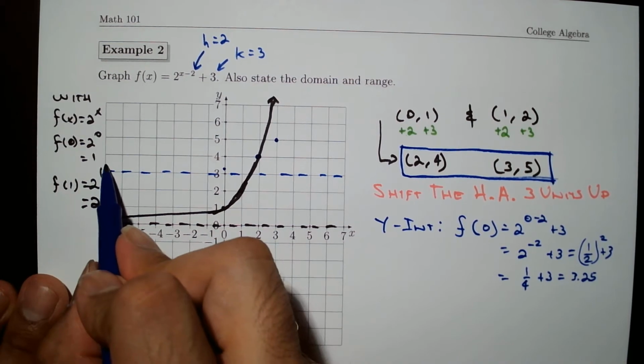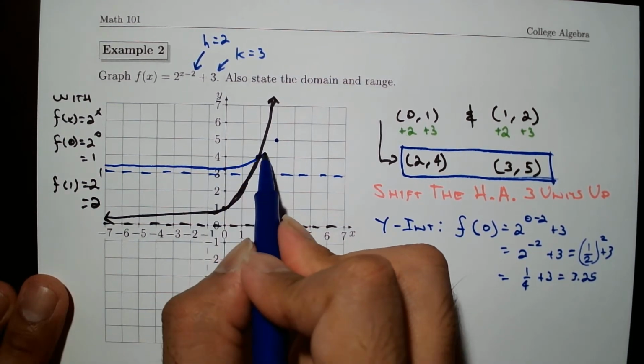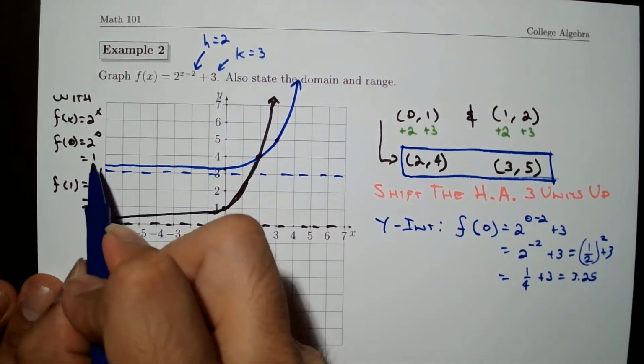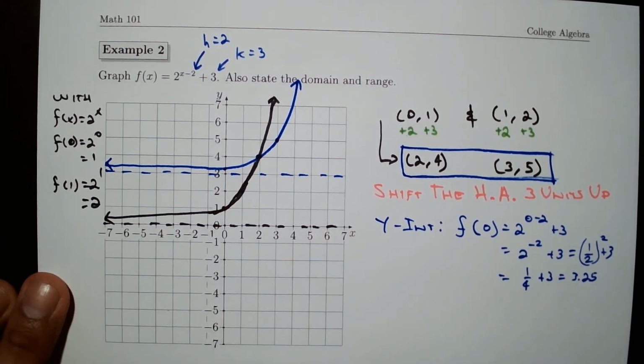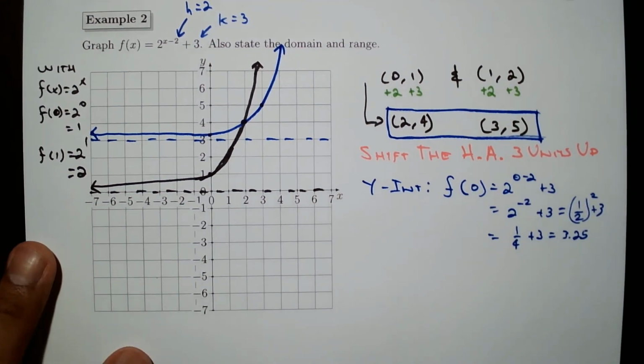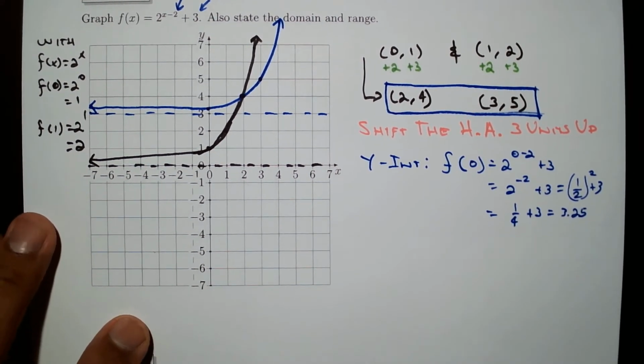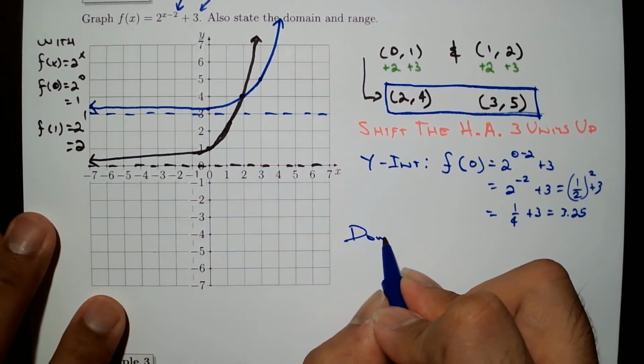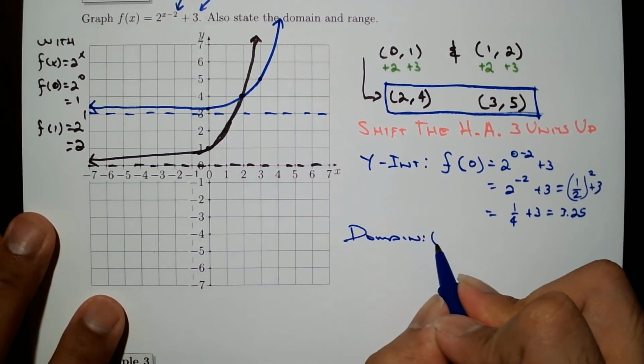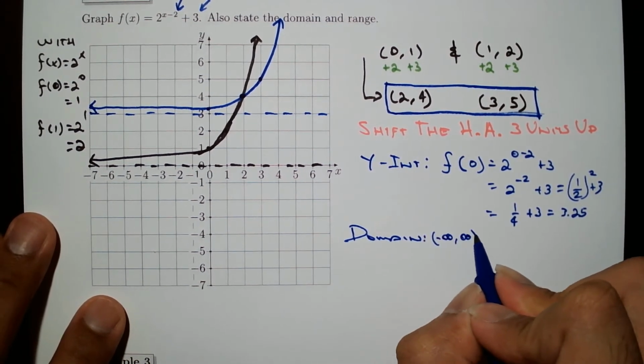So when we do the graph, it passes through the y-intercept, which is 3.25. And let's state the domain. The domain, again, is negative infinity to positive infinity.